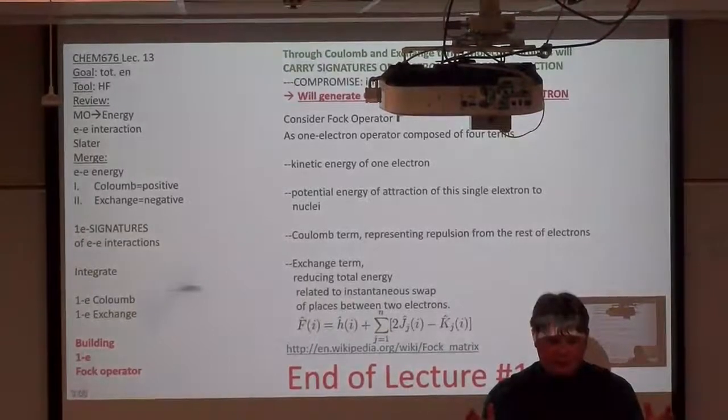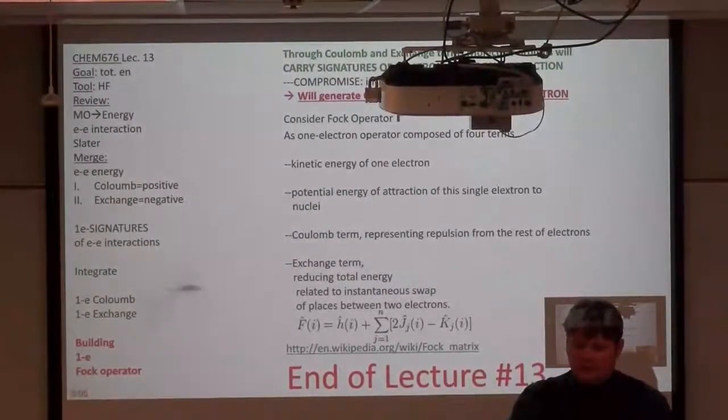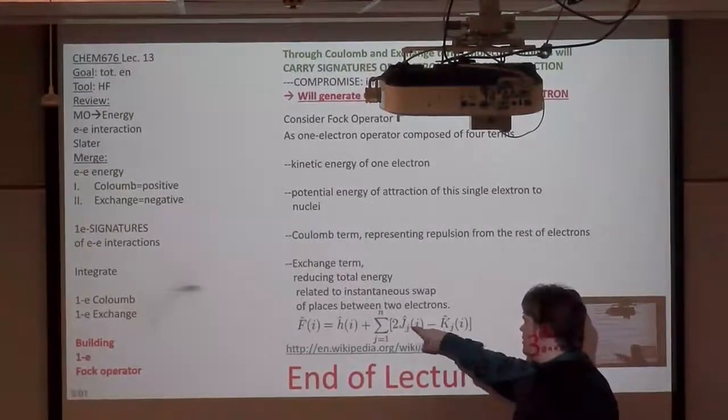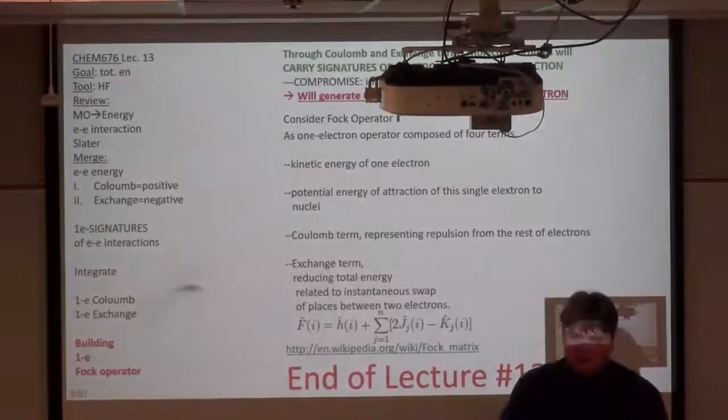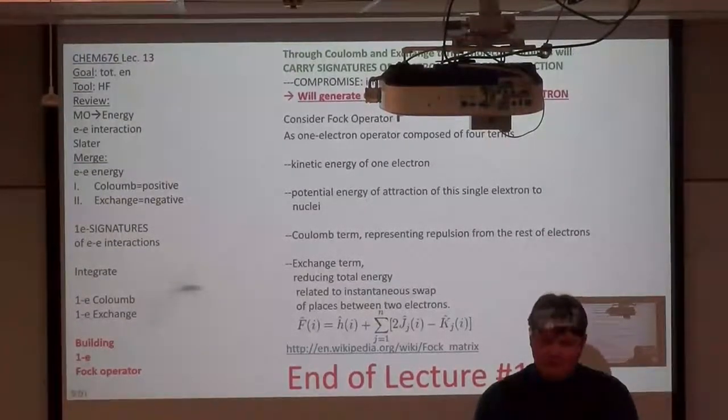So we'll do two things next Tuesday. Matrix form of the Fock equation and the self-consistent procedure, where the output molecular orbitals will feed into reformulating the Coulomb and exchange terms and then resolving it once again until things converge.